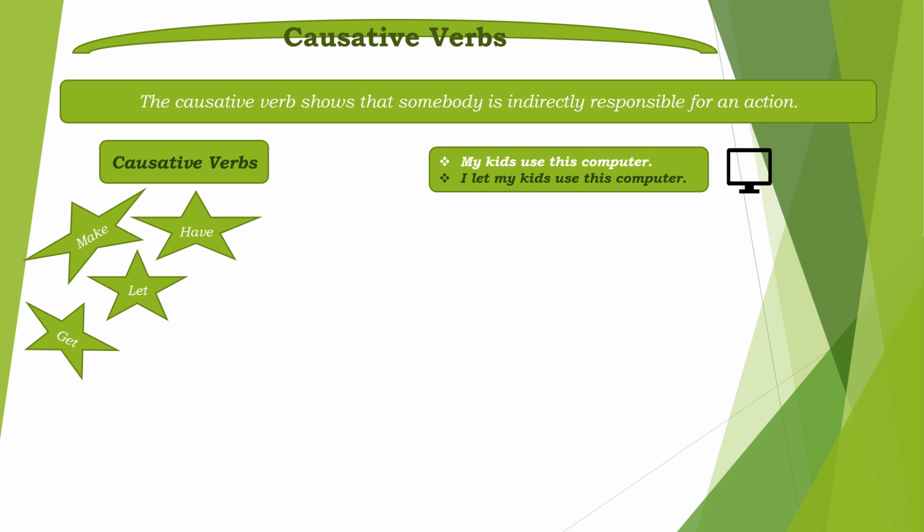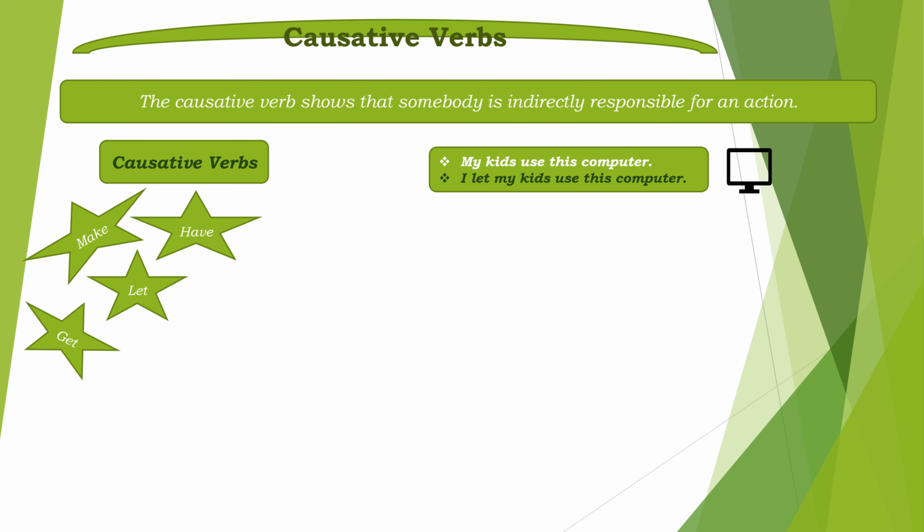In that case, I have the power to give that permission of using the computer to my kids. So to give permission, I use the causative verb let. Let is used when you give permission.